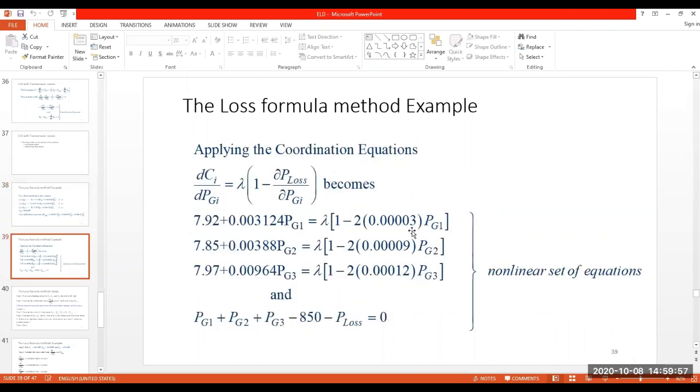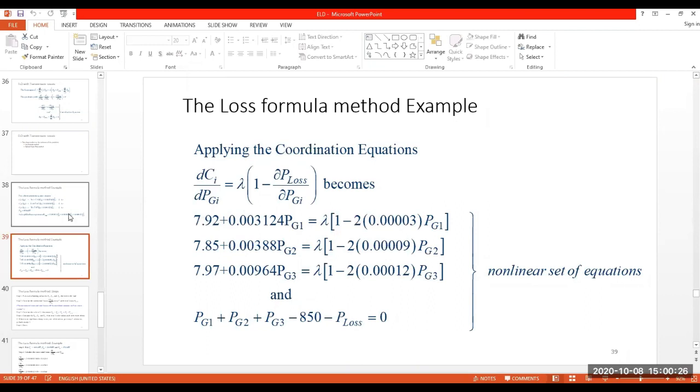So you have lambda multiplied by 1 minus 2 into whatever was the coefficient of Pg1 square in the loss expression, multiplied by Pg1. Similarly, you can calculate the others. These three are the outcome of the single equation in vector form. You have 3 generators, so you will get 3 equations.